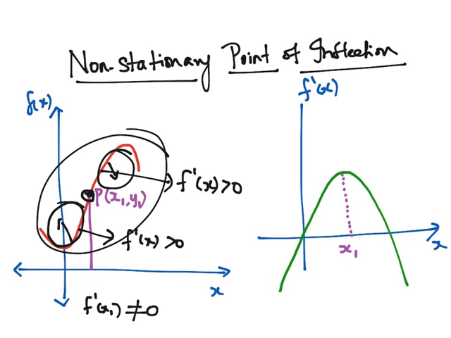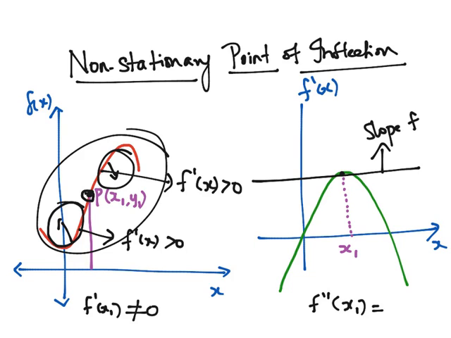Now you can see at x1, if you want to find, let's say, f double dash of x1, which is nothing but the slope of the tangent, that means I draw a tangent here, and the slope is f double dash of x, right? So here, since the tangent is parallel to x-axis, the slope will be 0. So f double dash of x1 will be 0. So even for a non-stationary point of inflection, the second derivative will always be 0, right?